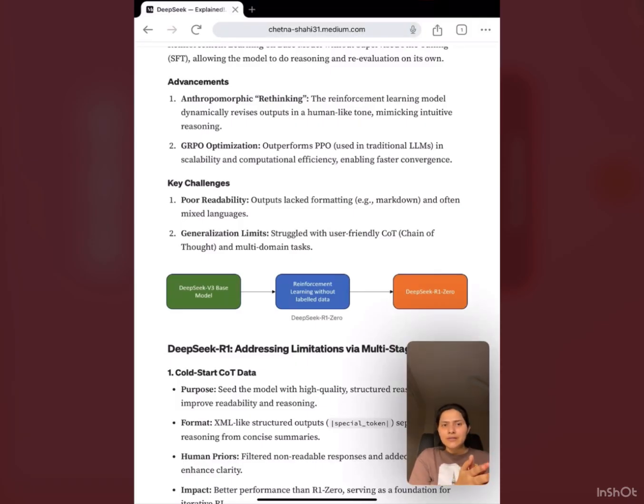The good thing with this is that the rethinking is happening, and we are using GRPO optimization because it is more scalable and more computationally efficient. Also, PPO and GRPO, the two types of reinforcement learning algorithm, would be covered in the next video because it is a big topic in itself. For now, let's just know that these two are different types of reinforcement learning algorithm.